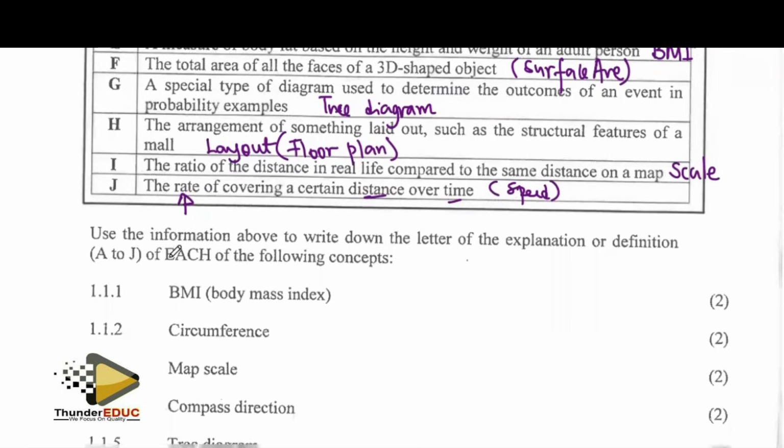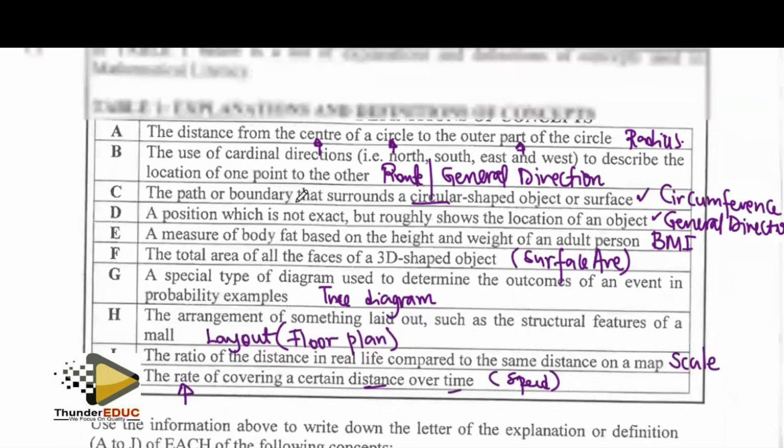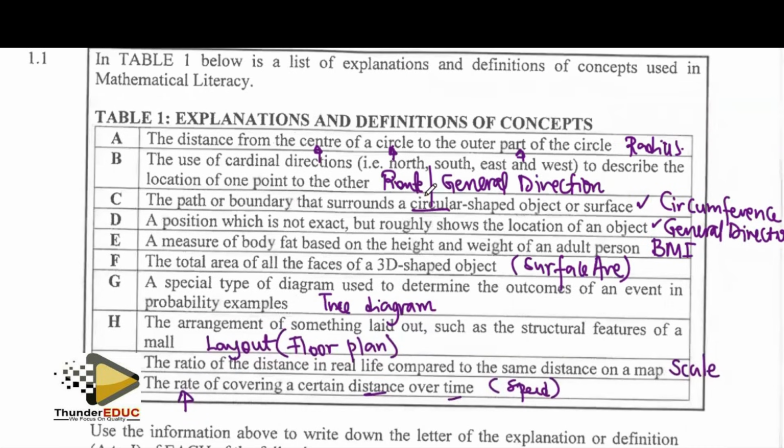Anyway, let's look at the question here. They say, use the information above to write down the letter of the explanation or definition, A to J, for each of the following concepts. BMI, we've already seen it as E. Circumference, we've seen it as C. The path around this is circumference.